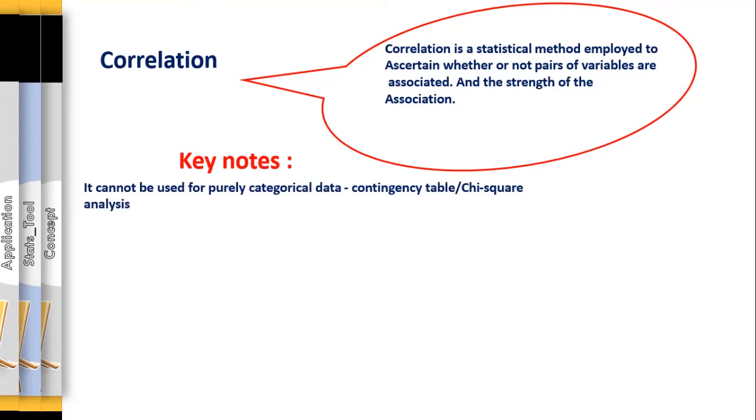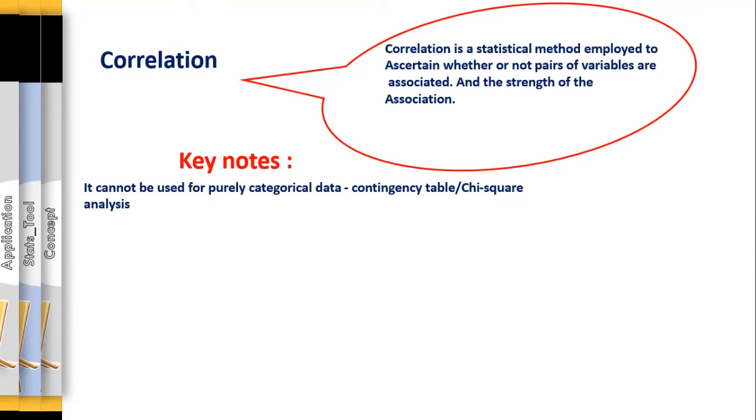One is the fact that correlation analysis is done on continuous variables. And when we are encountered with categorical data sets, we would rather employ contingency table and or chi-square analysis. Now that brings us to the difference that exists between correlation analysis and chi-square or contingency table analysis.